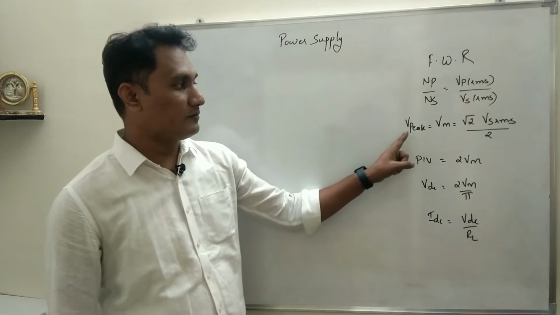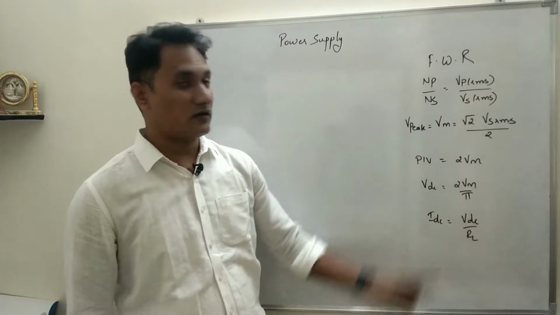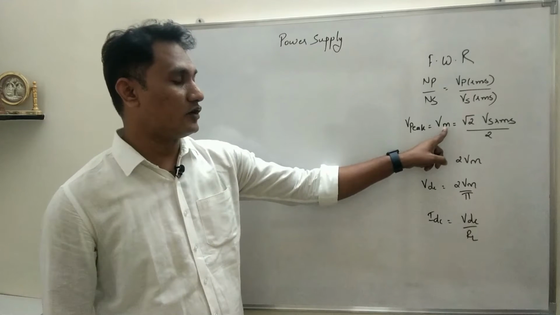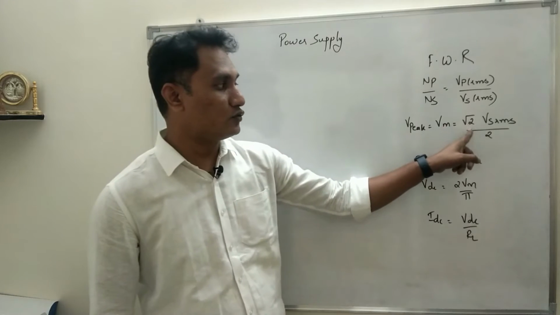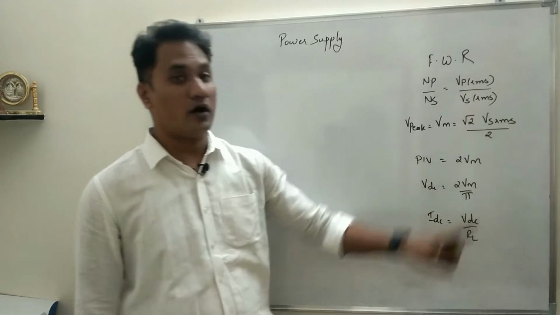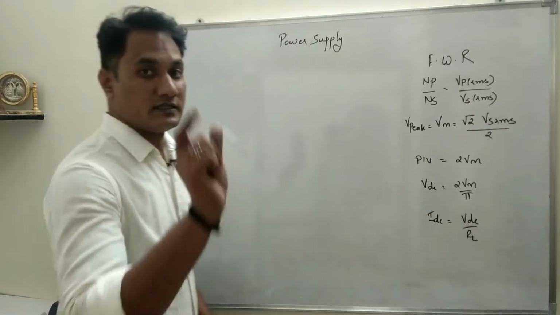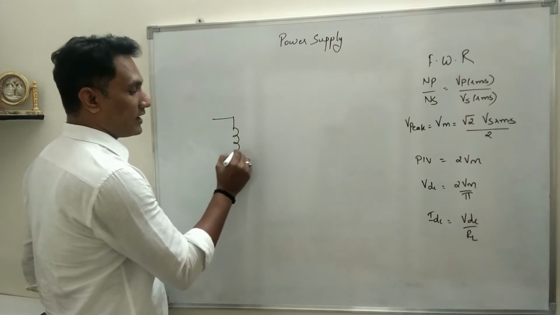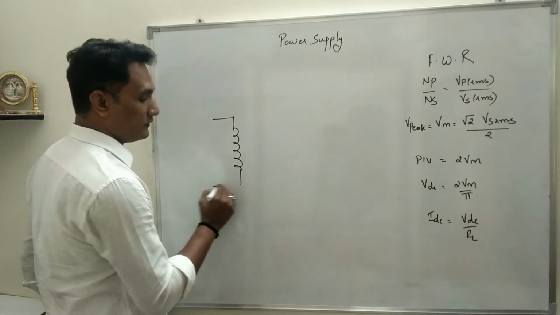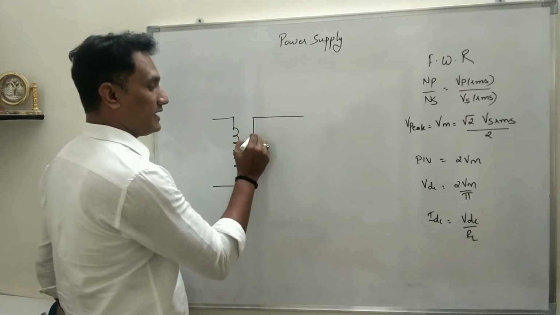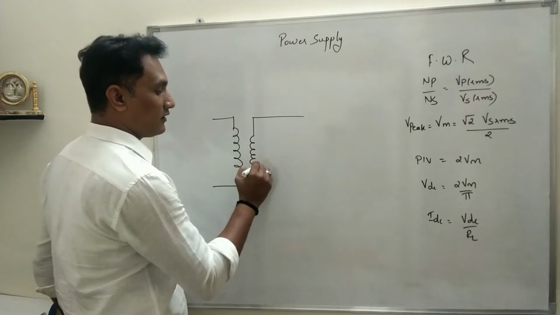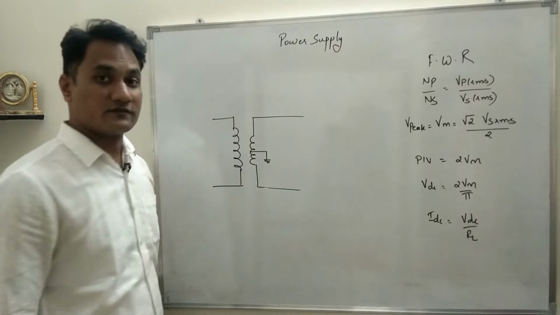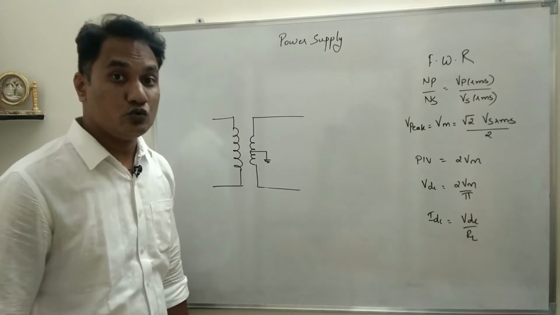Now the most important part is the peak value, VM, of the voltage across the secondary. The value is √2 into VS RMS upon 2. The significant difference between the diagram of a half wave rectifier and a full wave rectifier is that the secondary of the transformer is divided into two secondaries.